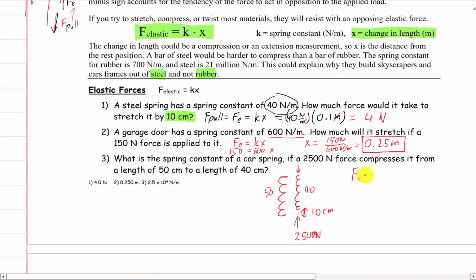So F elastic is Kx, and the force is 2,500 newtons. And the K is what we're trying to determine. So maybe I'll put that in black so you can see it. And how much we've compressed it is 0.1 meters.